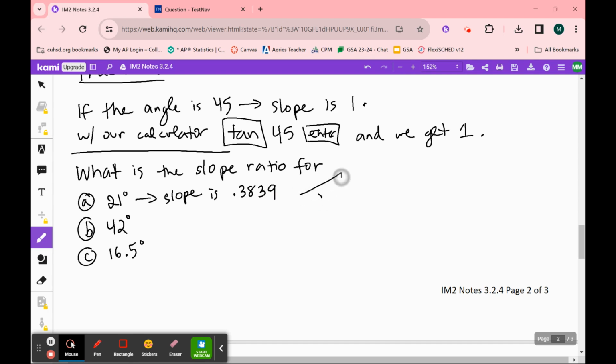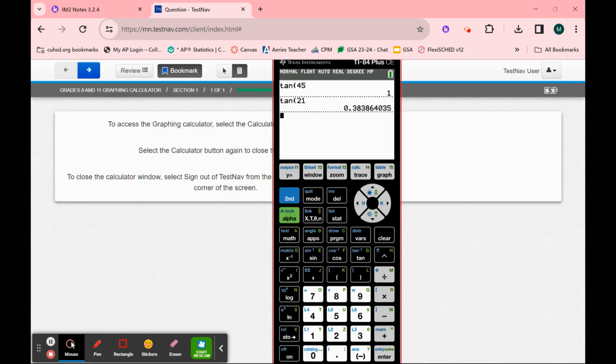If we were to draw a slope triangle, we would have 0.3839 as the rise and 1 as the run. That's 21 degrees. Formally, we would write tan of 21 equals 0.3839.